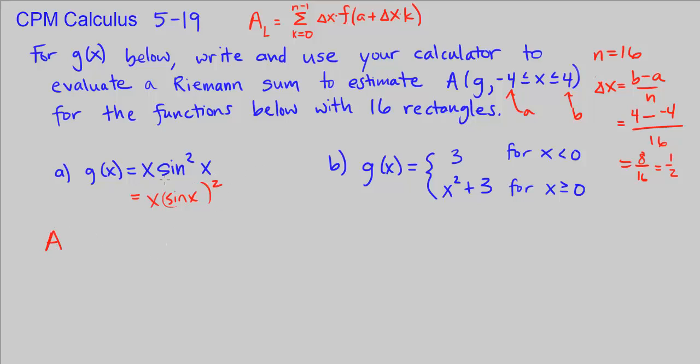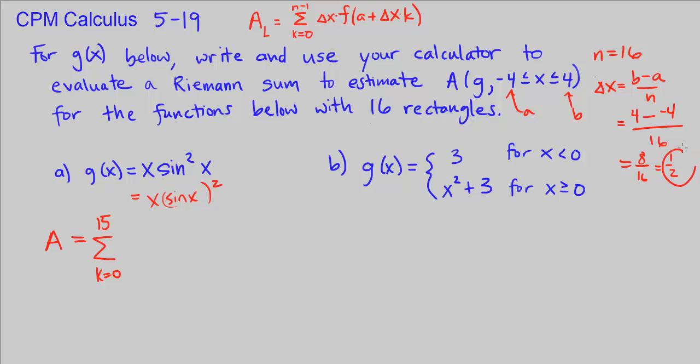So the area between our function g and the x-axis between -4 and +4 is equal to, just using the formula we wrote up here, sigma starting at k equals 0, but n minus 1, well, n is 16, right? We already said that. So this is going to be 15 here because it's n minus 1.